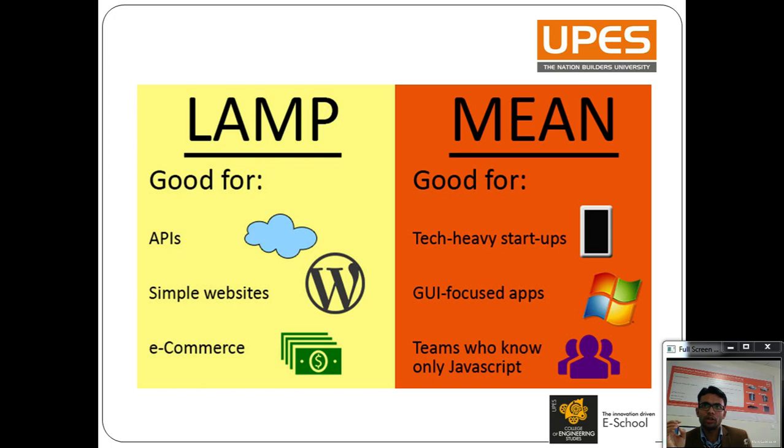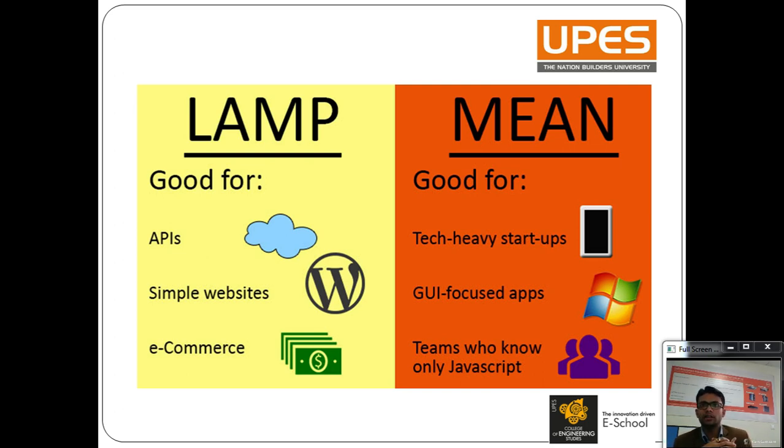MEAN should only be considered for tech-heavy businesses. If you want to adopt a new technology, you should be prepared for the potential debugging nightmares and a lot of reinventing the wheel. Another thing to consider is the team, because PHP programmers are generally much more common, and subsequently a PHP programmer can be hired at a lower cost compared to a Node.js programmer.